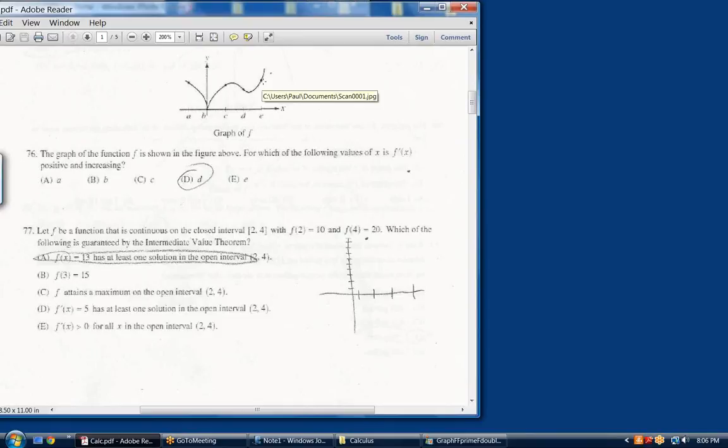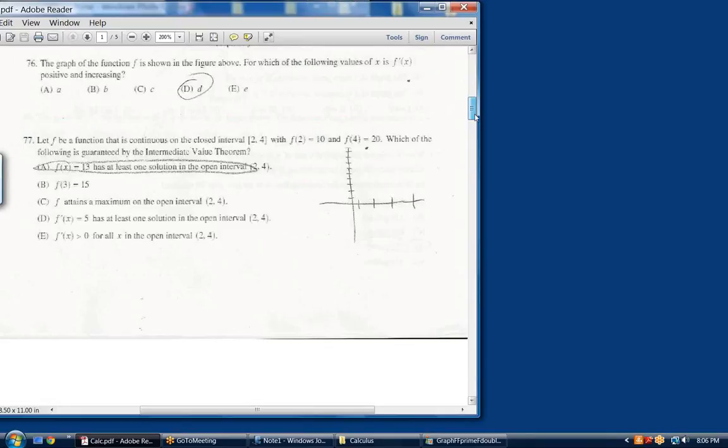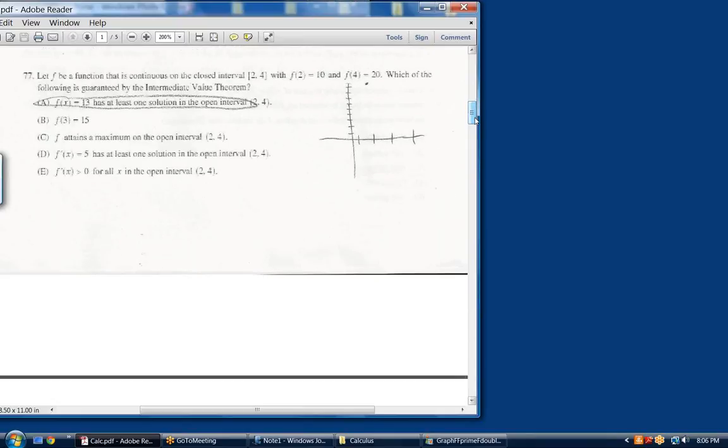Only at point E is it positive, and it's increasing because it's concave up. Concave up means it's going to be increasing, and the second derivative would be in positive territory. If the second derivative is in positive territory, then the first derivative is increasing. Okay? Okay, that makes sense. Okay, let's look at 77.